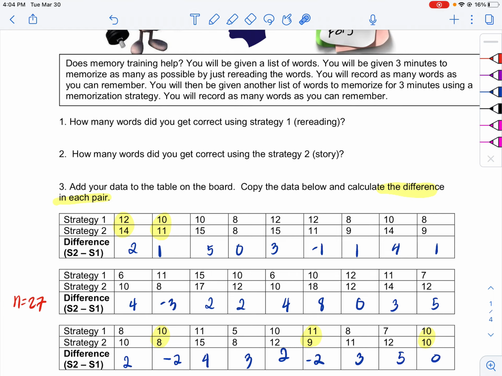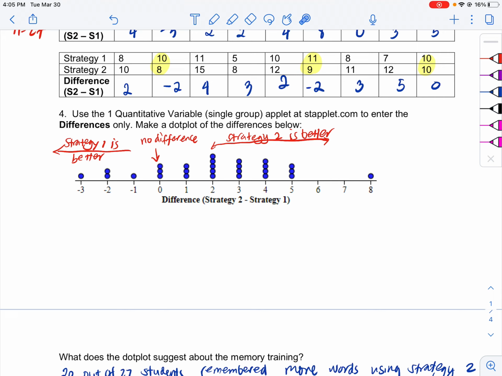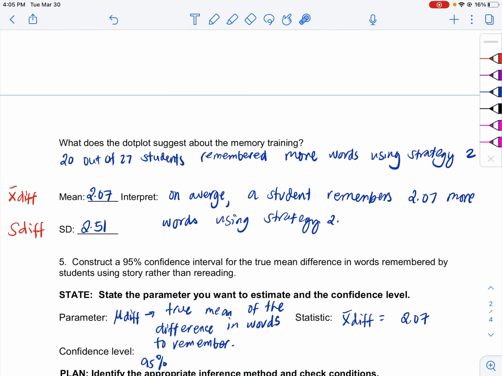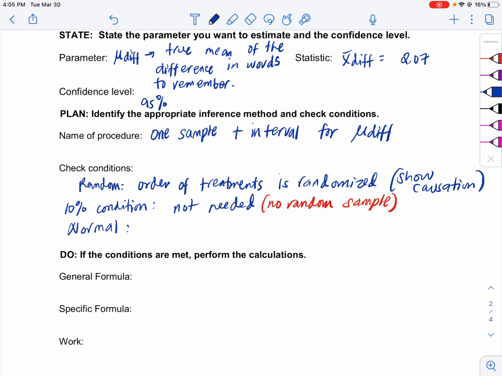So we cannot say it's normal because the population is normal, and we cannot say CLT, central limit theorem, because our n is not greater than or equal to 30. But we can look at our dot plot. Our dot plot seems to have no outliers and no skewness, right?